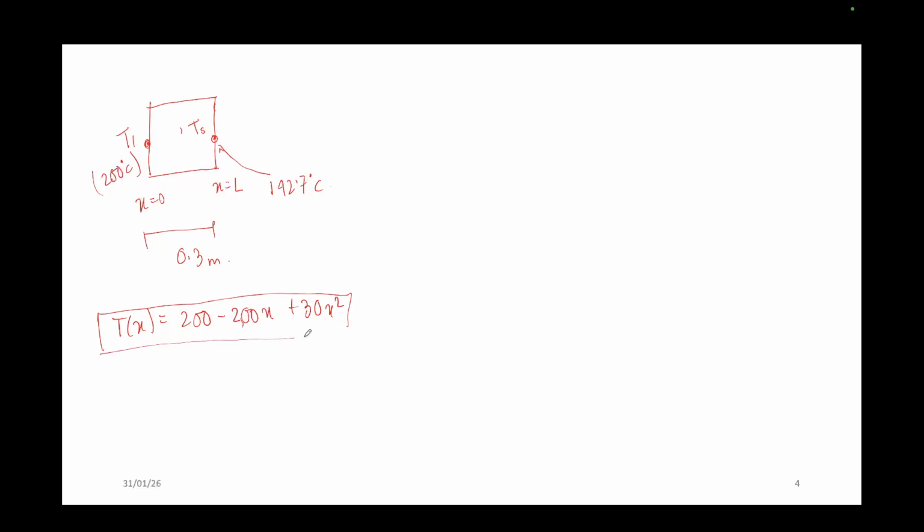Okay. Now what is given? Say air is flowing here. The temperature of the air is around 100 degrees. And the value of k is given as 1.